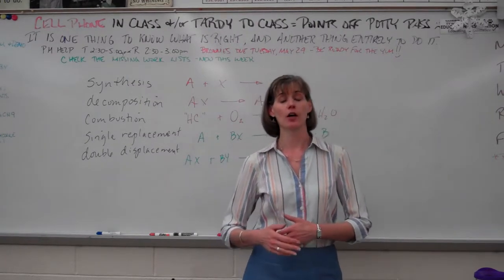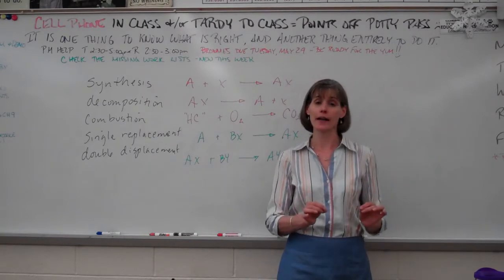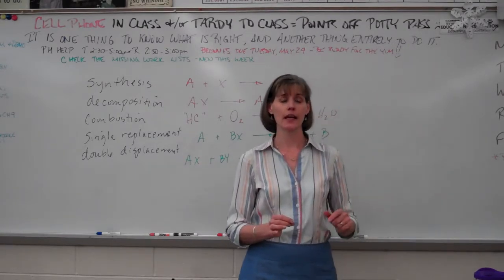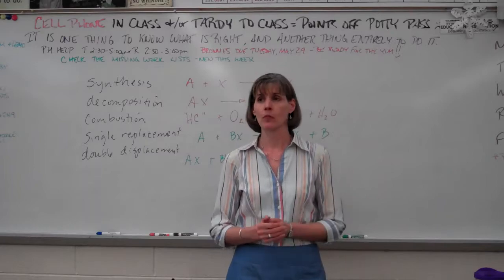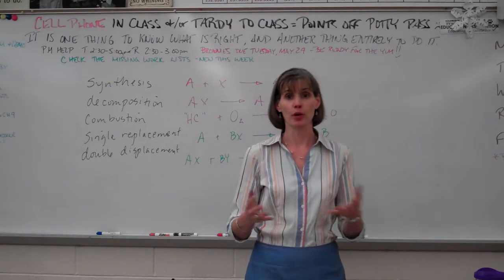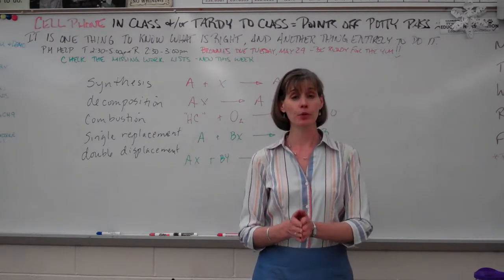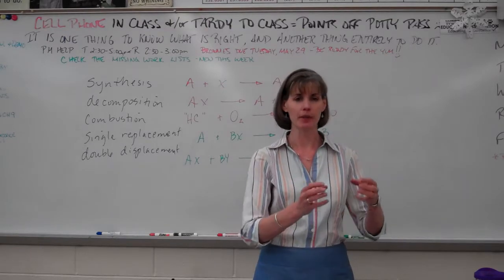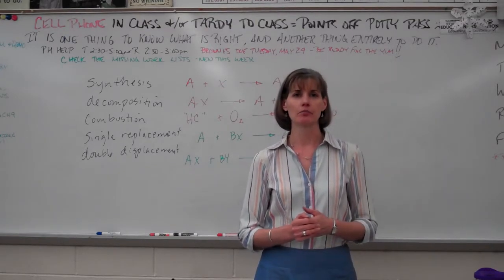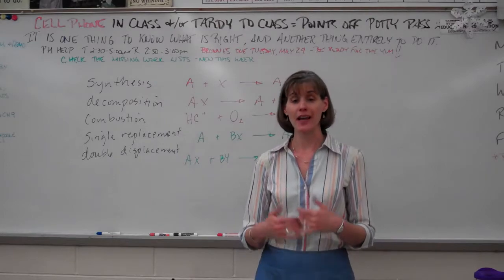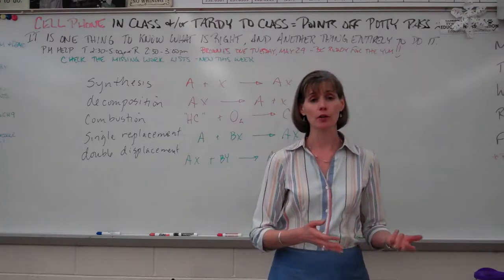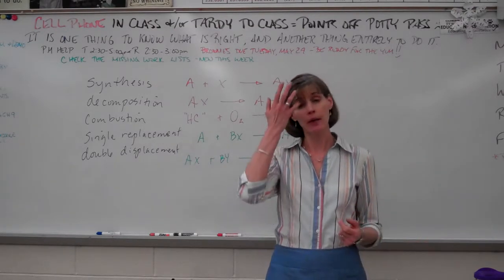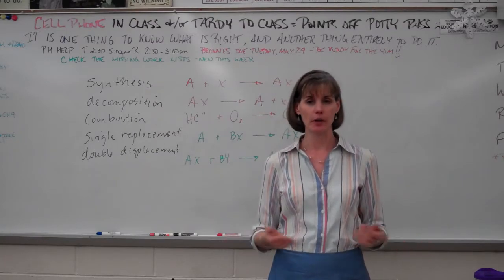Metal chlorates are going to produce a metal chloride, a binary compound, and oxygen gas. Metal carbonates, like sodium carbonate, are going to produce a metal oxide and carbon dioxide. Acids are going to produce a non-metal oxide and water. Basic binary compounds are going to break down into their elemental form.